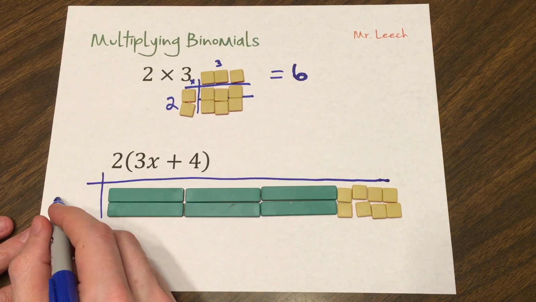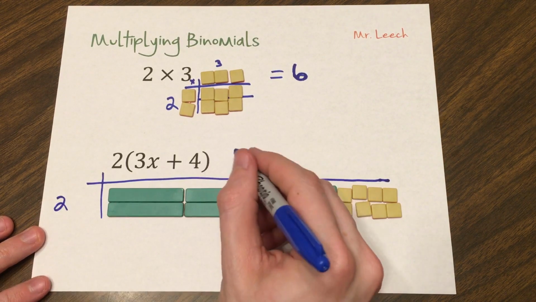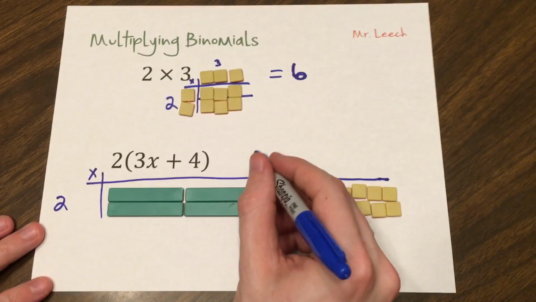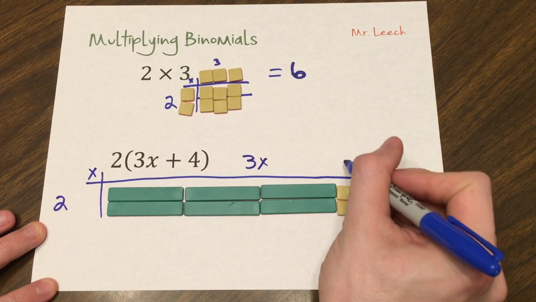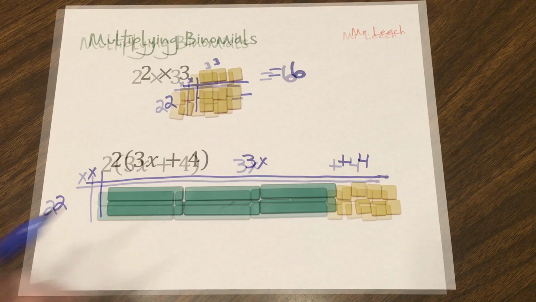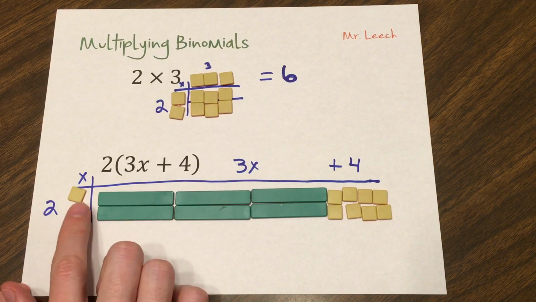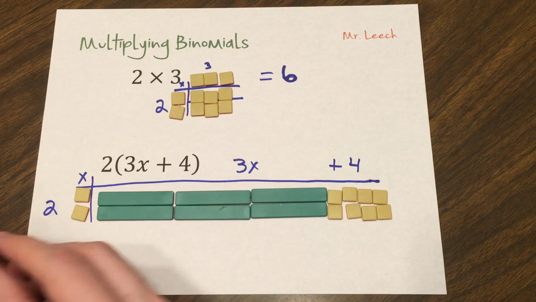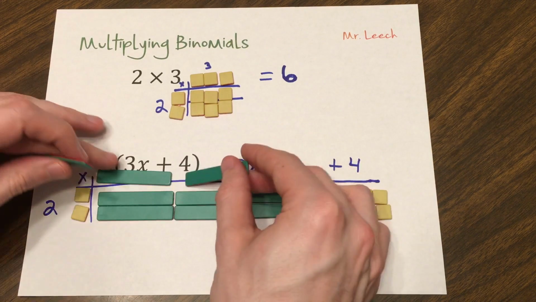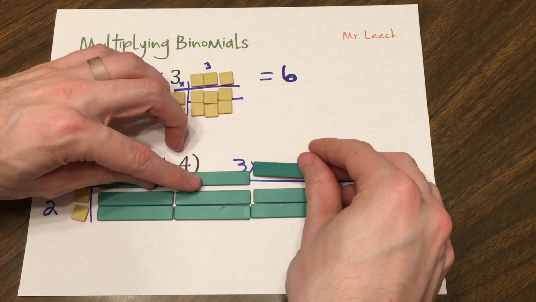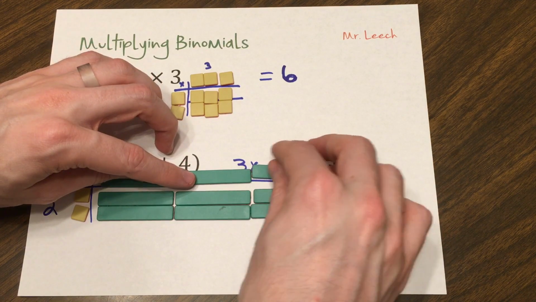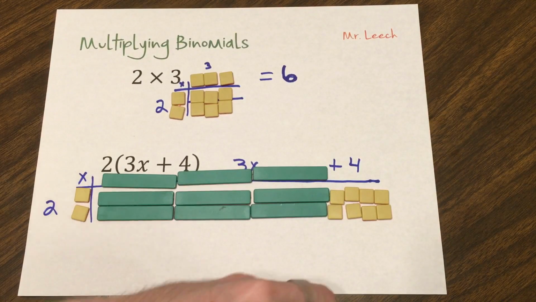So this is quite literally 2 times 3x plus 4. How can I model that? Well, here I have 2 times 3x plus 4.